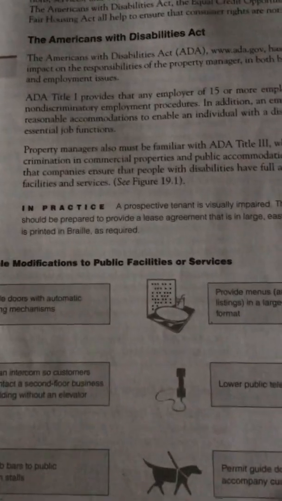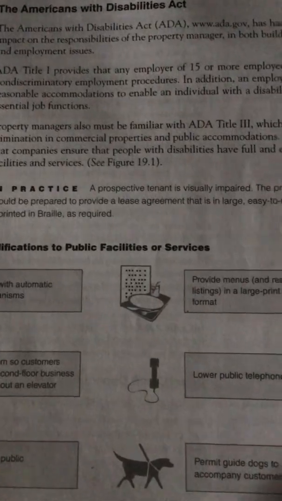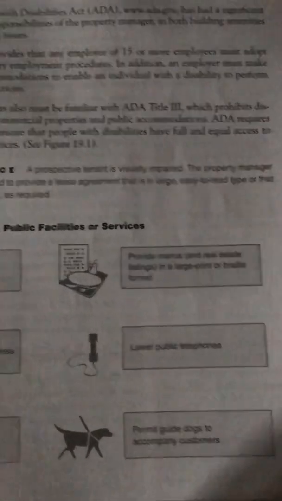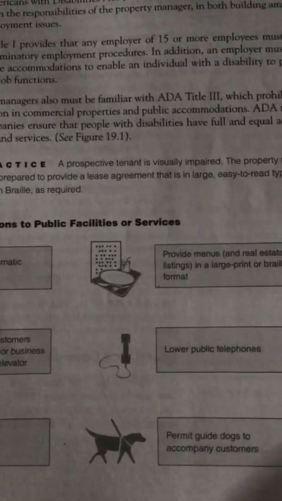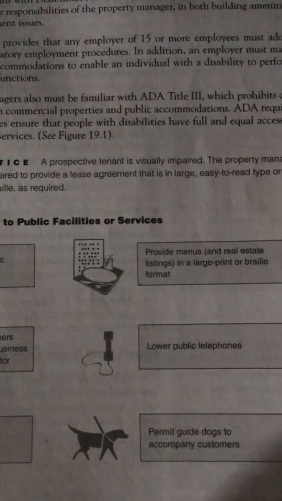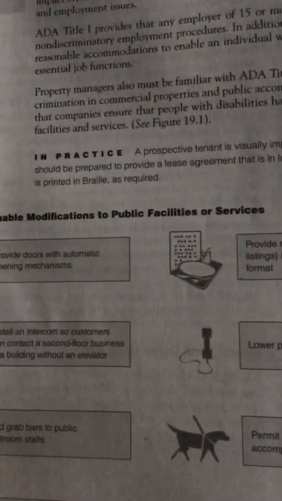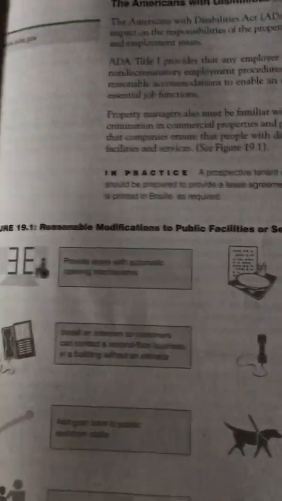See Figure 19.1. In practice, if a prospective tenant is visually impaired, the property manager should be prepared to provide a lease agreement that is in large, easy to read type, or that is printed in Braille as required.